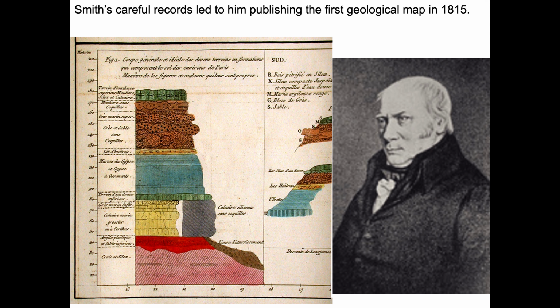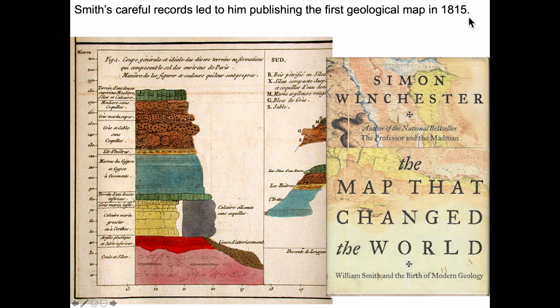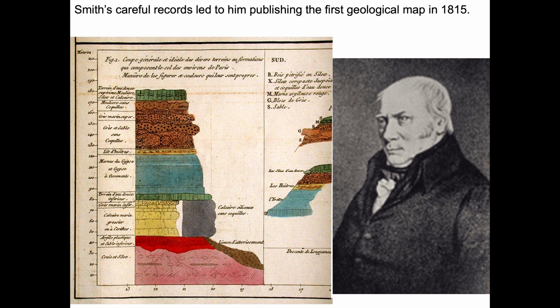This is a picture of the dynamic individual. This first geologic map was generated in 1815. It's been known as the map that changed the world. For the very first time, we had a predictive capability of what we're going to find if you dig a hole somewhere. Now, prior to that, you dig a hole and you see what's down there. In this case, Smith said, if you dig a hole through this type of rock, you're going to hit this type of rock next.